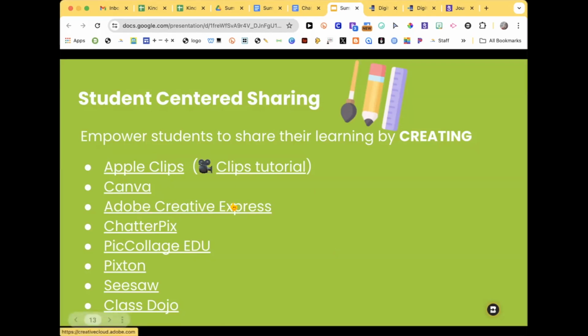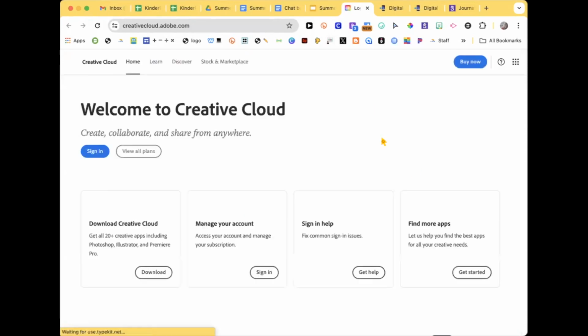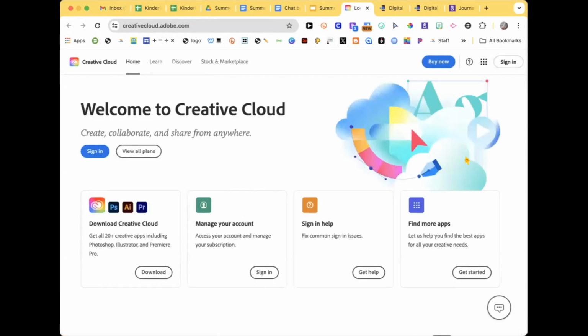The Adobe Creative Express, that whole suite of tools is another way of students can be kind of making videos to share their thinking and share their learning. So this one is free if your school sets it up. So we kind of had to go through a process.